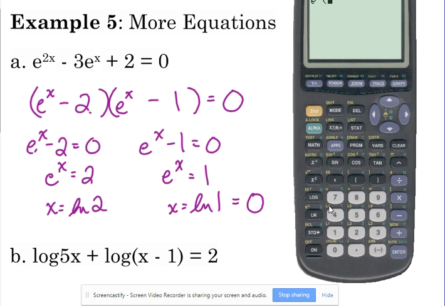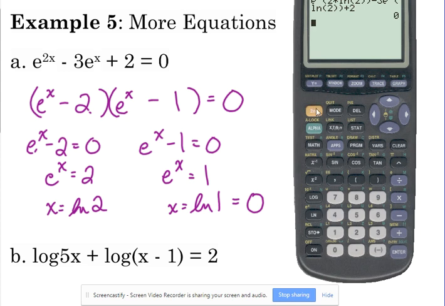So we've got e. Good thing is it goes ahead and starts a set of parentheses for us. We've got to make sure we close them. So when we're plugging in the natural log of 2, we close the parentheses for the 2, and then we got to close the parentheses again for the exponent. Minus 3 e to the natural log of 2 plus 2 gives us 0.